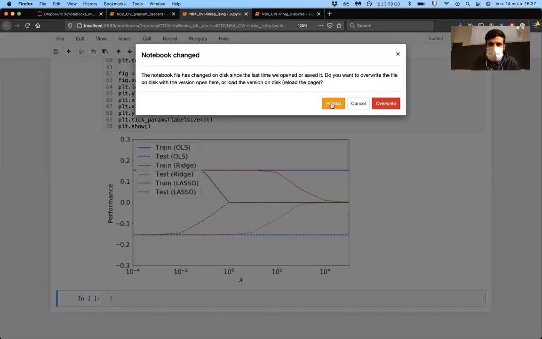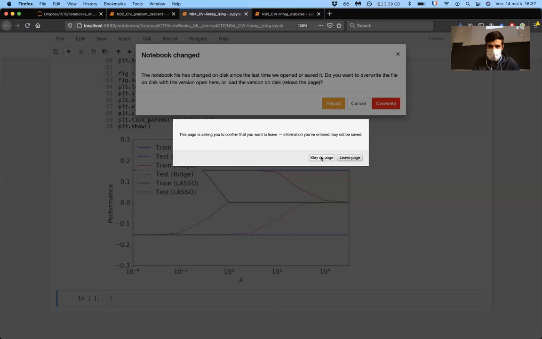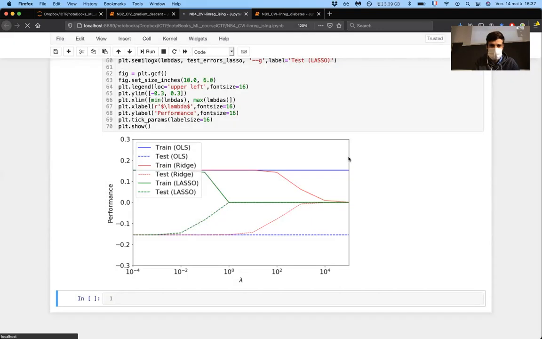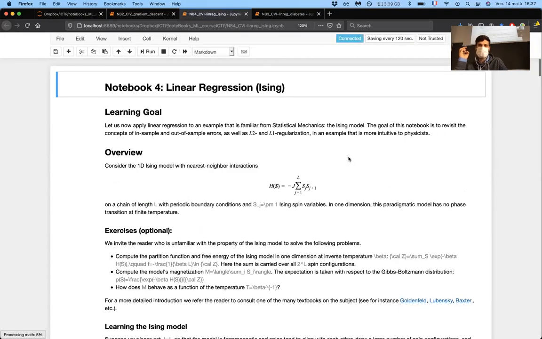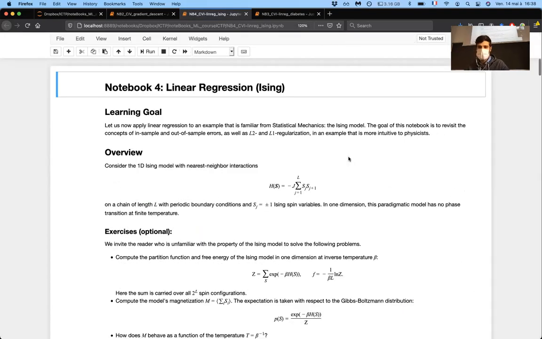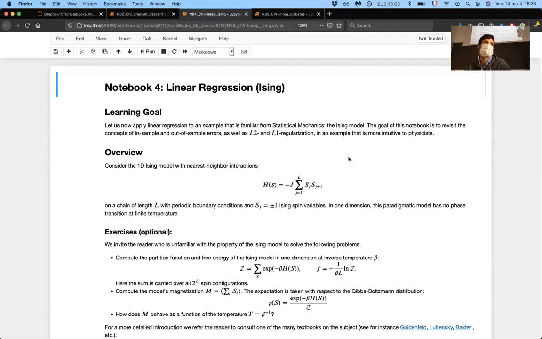So let's do a few more experiments with linear regression, and then we'll discuss today gradient descent and stochastic gradient descent, which are essentially by far the number one optimization algorithms.